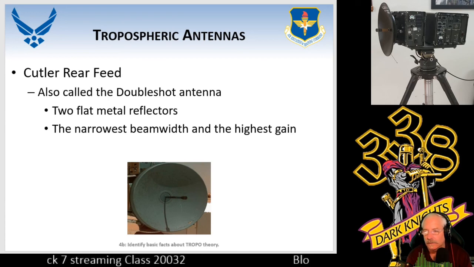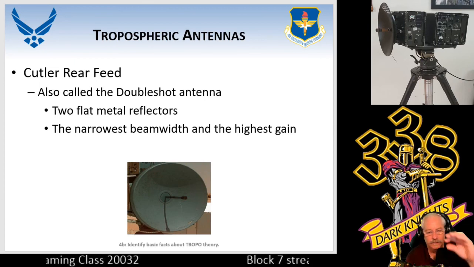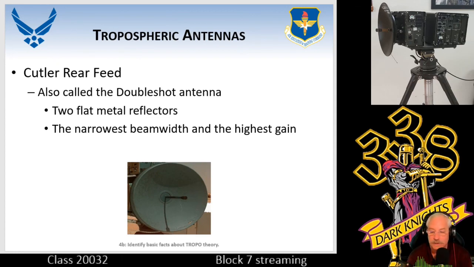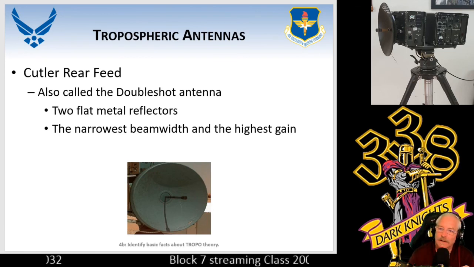Again, if you get into the Tisser lab, take that Cutler waveguide, flip it upside down, and look down into those metal reflectors, and you will see that rectangle hole. That's its entry and exit point for transmit and receive. And it bounces off the dish and goes out forward for transmit and receives the same way.